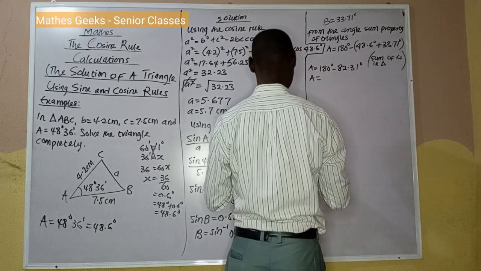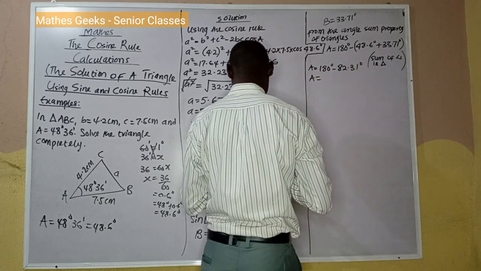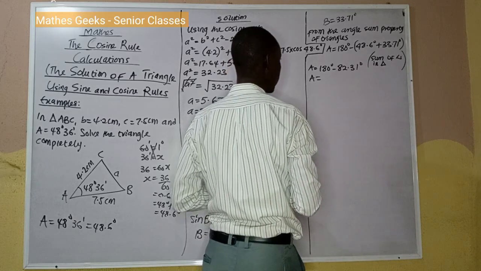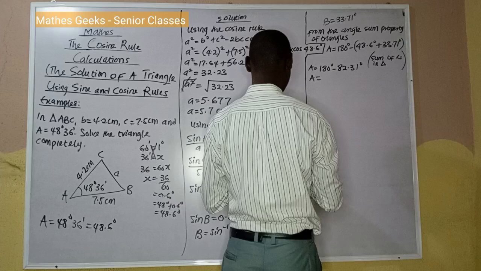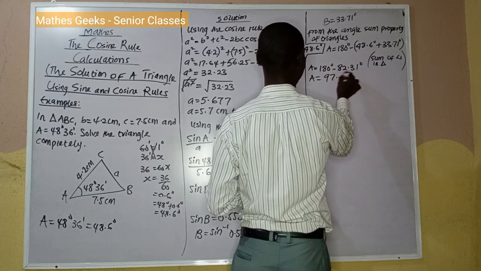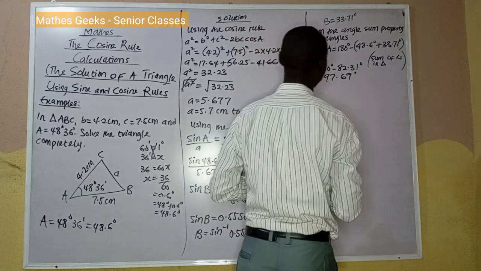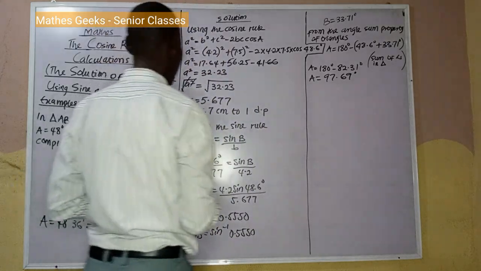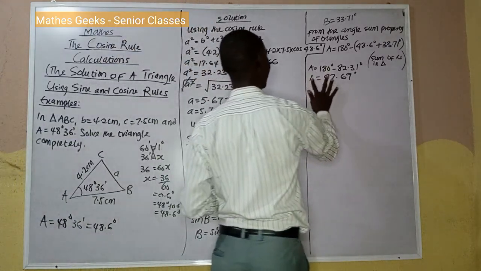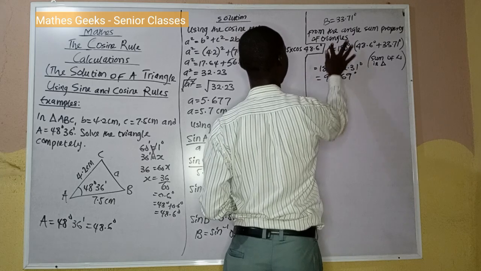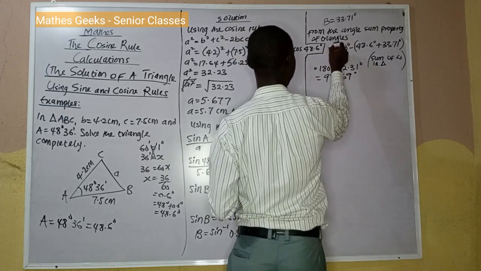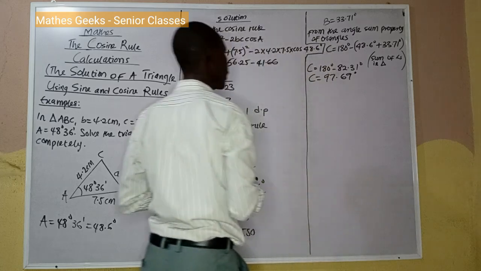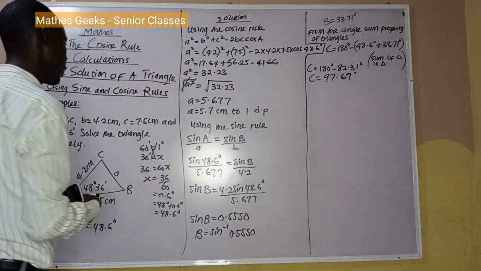And C is equal to 180 minus 82.31, which is 97.69 degrees. So the value of angle C is equal to 97.69 degrees.